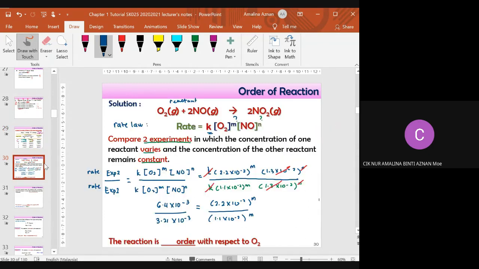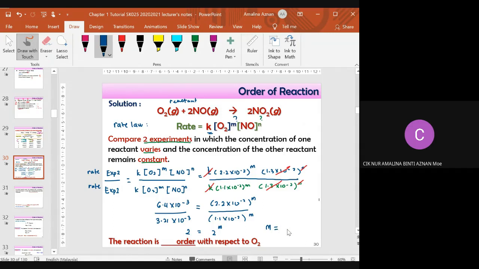Okay, right. So, simplify this. Kamu akan dapat this side 2 equals to 2 to the power of M. Okay, so solve this, kamu akan dapat M.